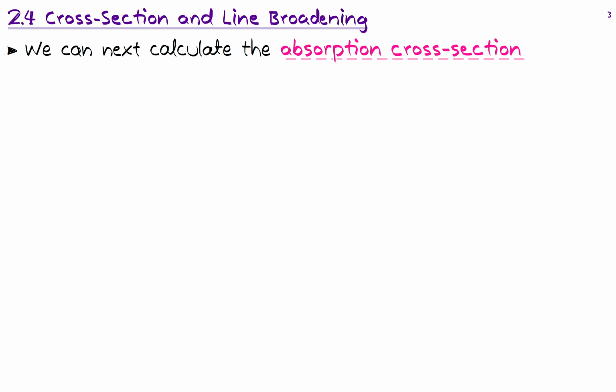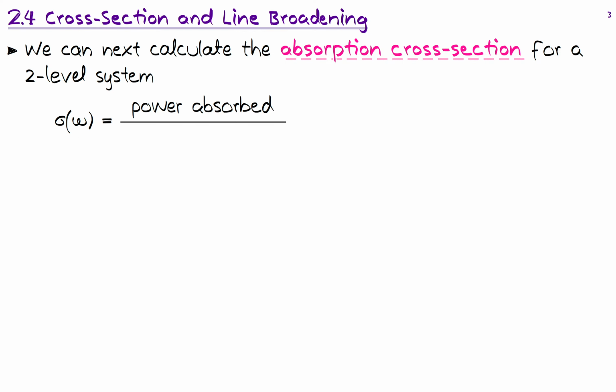So what we can do next is calculate the absorption cross-section for a two-level system. This is very similar to what we already did for the case of stimulated emission. So sigma, how is that conceptually understood? What is the cross-section for absorption?